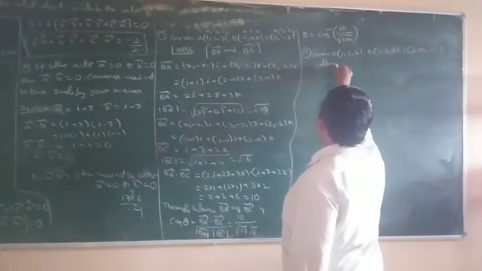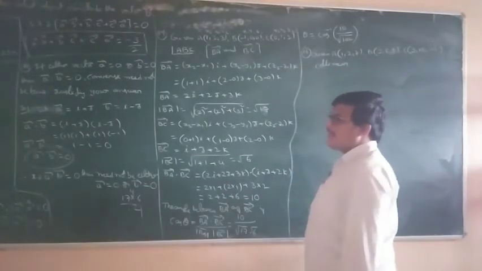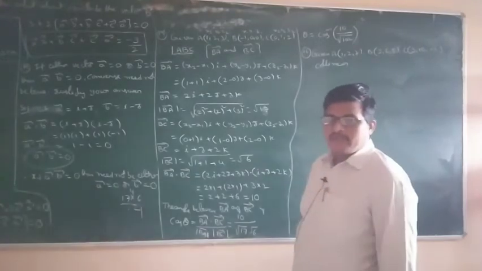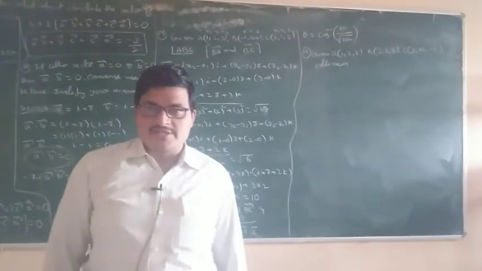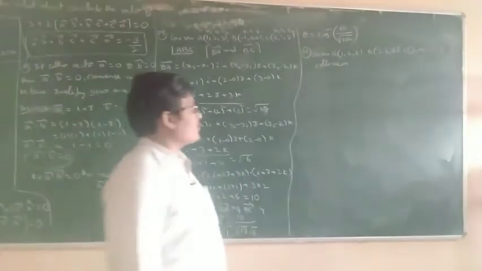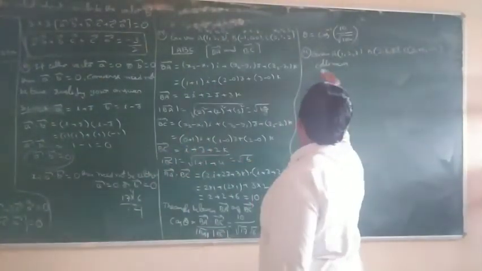Collinear means what? In three-dimensional geometry, if the sum of any two distances is equal to the third distance, the points are collinear. Same procedure, or direction ratios.